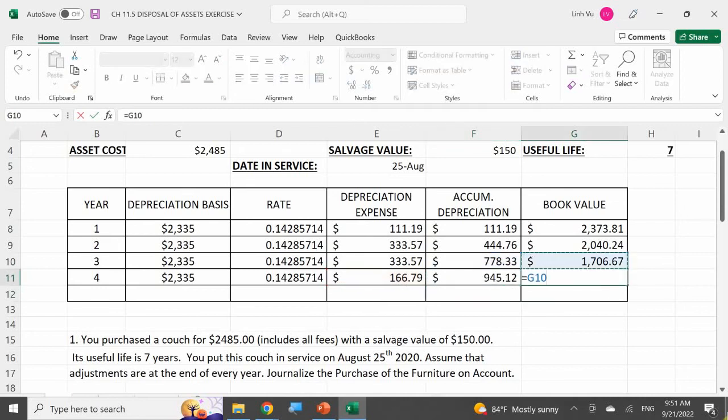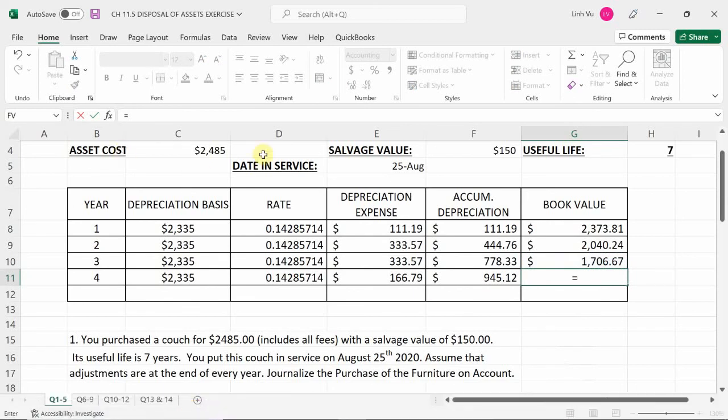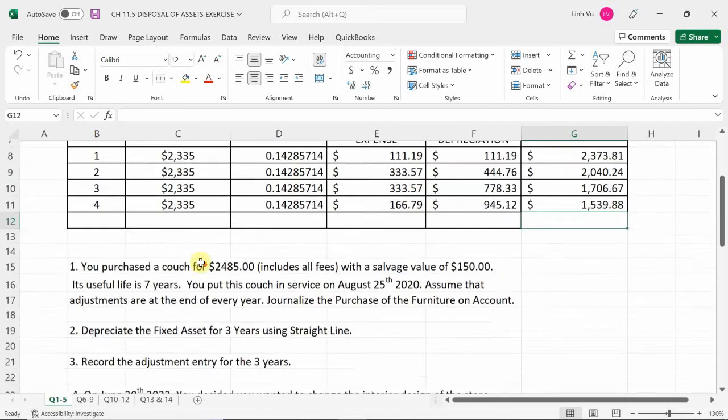So what does that give me as a book value? $1,539.88, because it's 12 cents. Okay, 88. Good. So now let's go ahead and see what happened next.